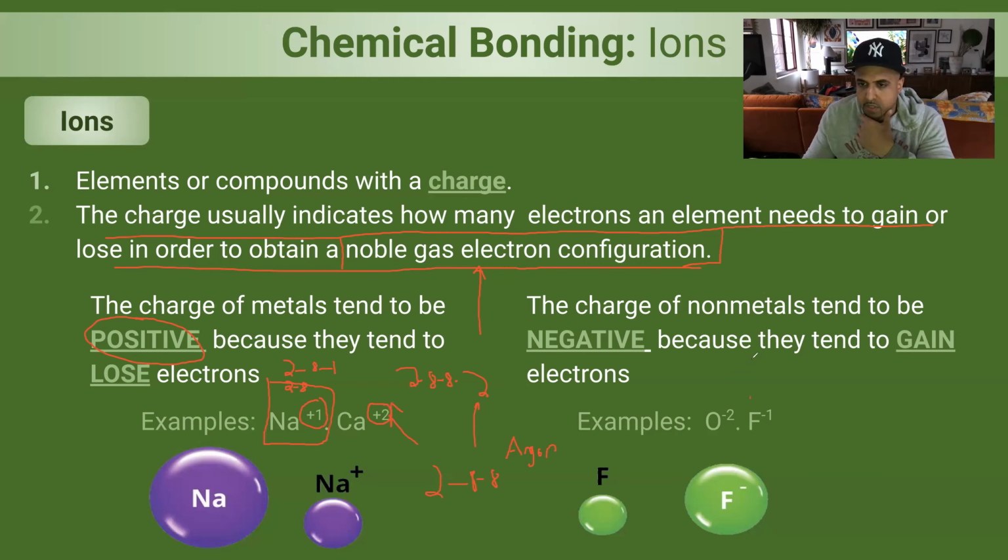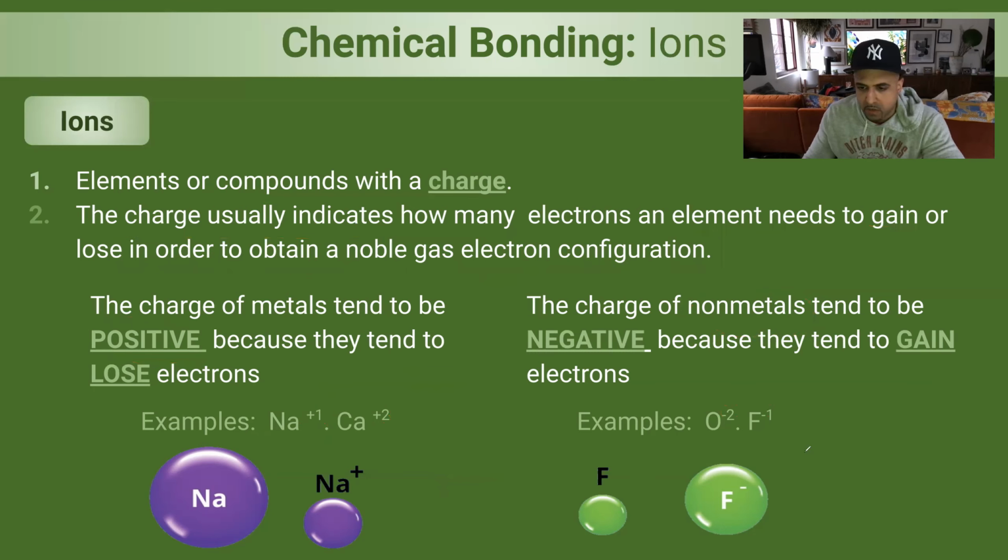Other examples include nonmetals. Nonmetals usually gain electrons, and you know that by looking at the oxidation state. If you look at the reference table, oxygen is -2, and its configuration is 2-6. When it becomes 2-8, it is now like neon, another noble gas. Fluorine's the same deal. On the reference table, fluorine is 2-7, and -1 means it gains one electron.